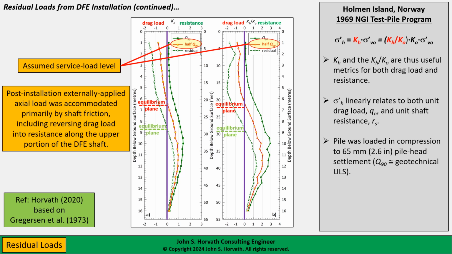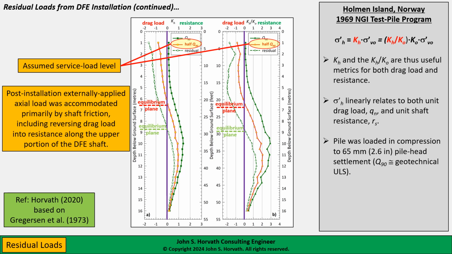I'm highlighting the half of Q90 load level because this might be an assumed service load level, right? If you measured Q90, the ultimate geotechnical resistance, in a pile load test such as this, it would not be unreasonable to apply a safety factor of 2 and say that this was, quote unquote, the allowable load on the pile.